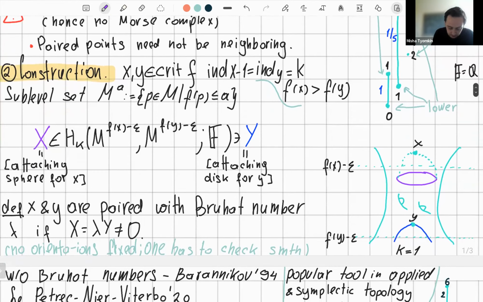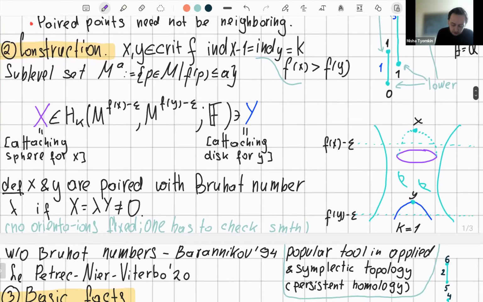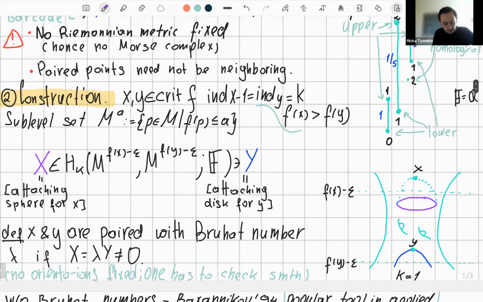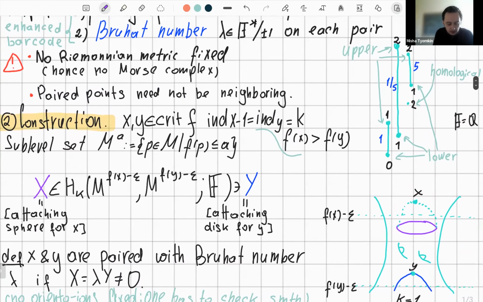The reference is that, without the Bruhat numbers, it was constructed by Barannikov in '94. The terminology here is that if you don't care about Bruhat numbers, then this is called just the barcode. And since there is a number attached to each pair, we call it the enhanced barcode.